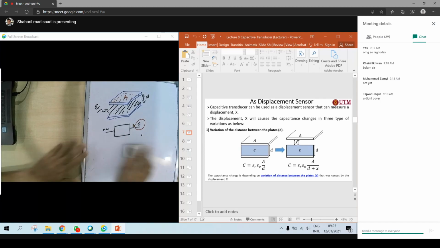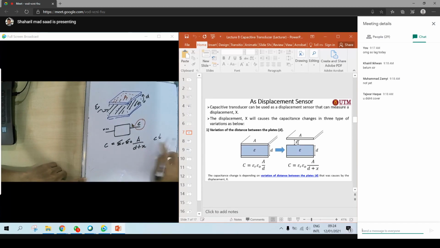So your capacitance now becomes C equal to epsilon R epsilon naught A over X. Epsilon R and A are constant, you do not change those. The only change is the distance, X. So if your X increases, your capacitance will decrease. Okay, this is one example.